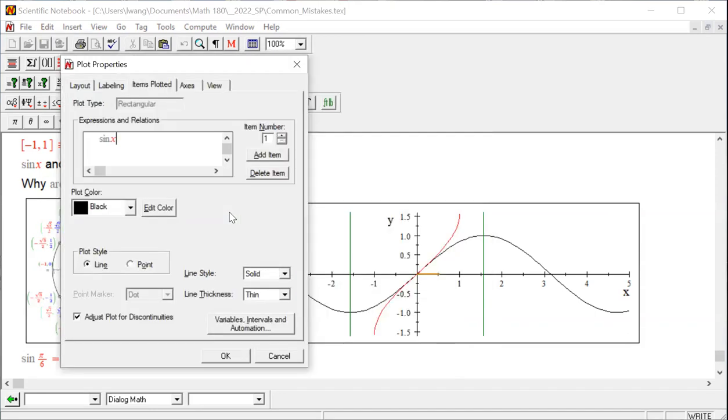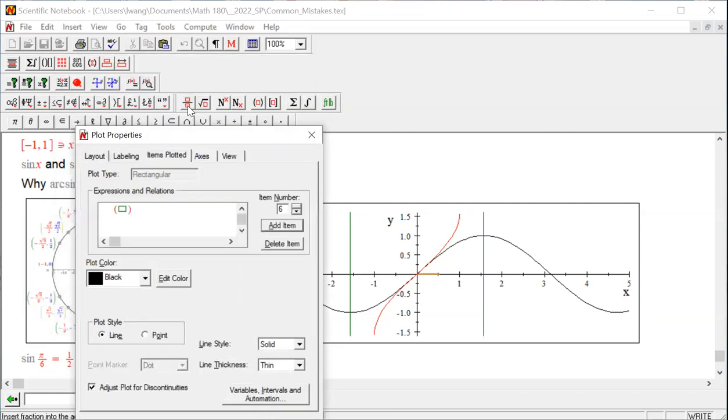Okay, now, the half, right? So pi over 6. And there's a blue.